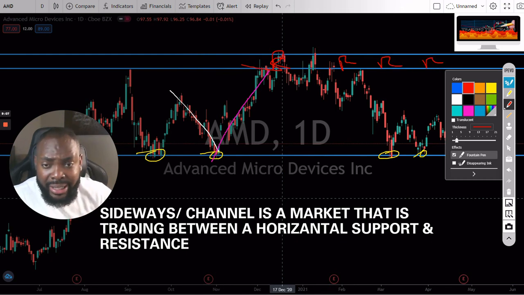So as a trend trader, you typically look for three patterns. You look for stocks that are moving in an uptrend, you look for stocks that are moving in a downtrend, or you look for stocks that are moving in a sideways channel or a horizontal consolidation.